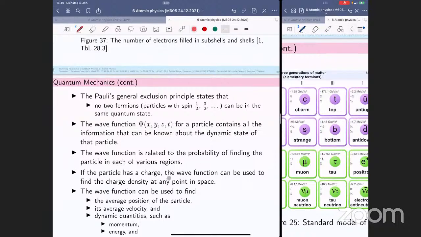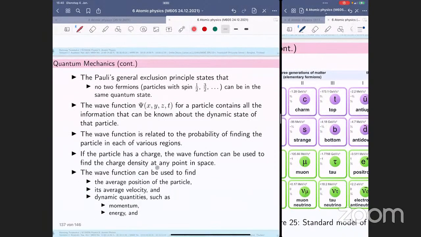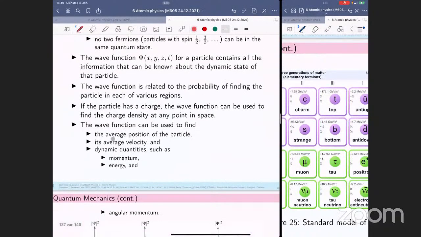If the particle has a charge, the wave function can be used to find the charge density at any point in space. The wave function can be used to find the average position of the particle. Because it's the probability, you just take the expectation. Expectation is the mean or the average.